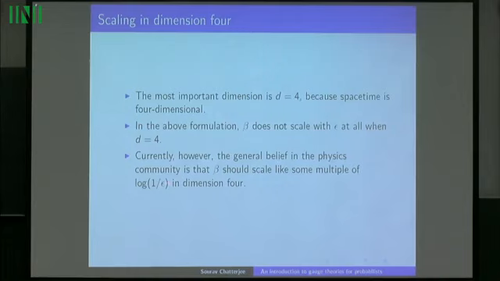That's not a constant as Wilson originally said. And I've heard at least one dissenting person, somebody said that no, he doesn't believe that; he still believes Wilson's original. So it's not clear, but this is the most commonly held belief, that beta should scale like log 1 over epsilon in 4 dimensions.